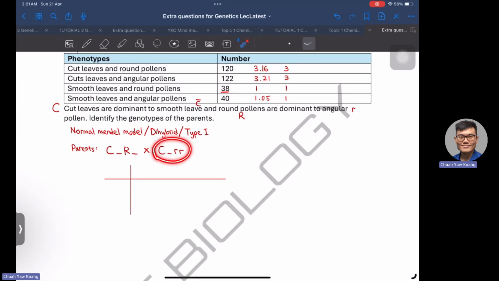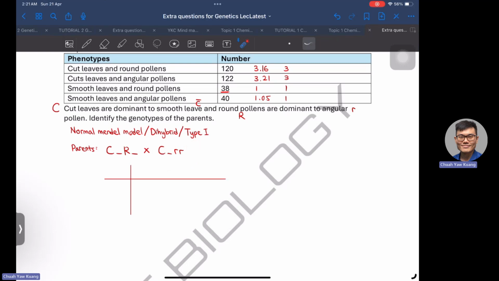But based on this, the maximum number of gamete that this parent can produce is basically 1. That means if, let's say, it's homozygous dominant for C and homozygous recessive for R, then this parent can only produce one type of gamete, which is big C and small r. But we are not too sure yet.